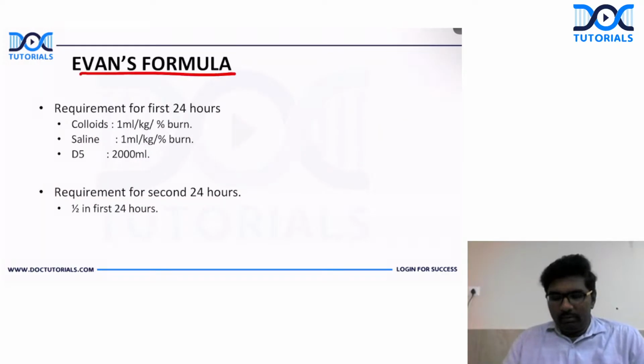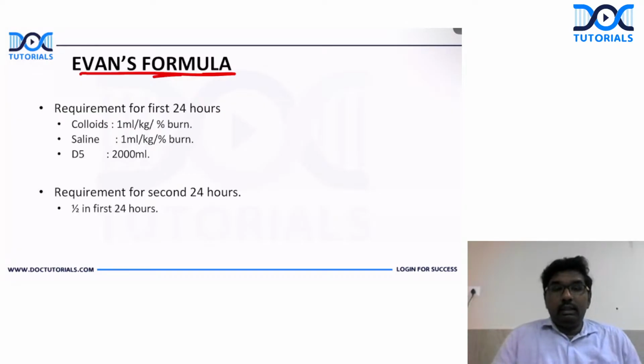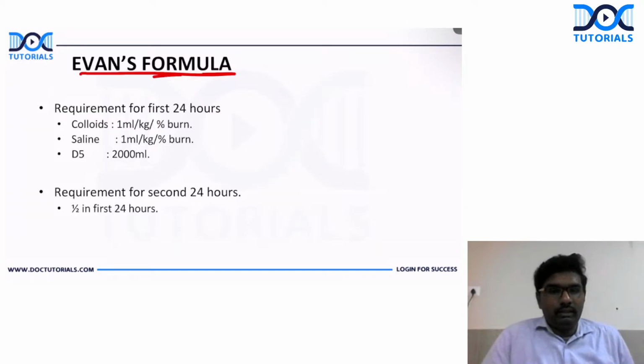Coming to the Evans formula, here the colloid is given on the first day itself. As per Evans formula, the requirement for the first 24 hours is calculated with colloid at the rate of 1 ml per kg body weight into percentage of total body surface area involved.